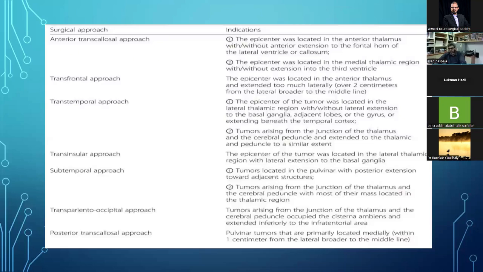And a subtemporal approach will be better in lesions involving the pulvinar with posterior extension over to the adjacent structures, and in lesions located in the junctional area of the thalamus and the cerebral peduncles. So depending upon the location of the lesion, all these approaches have to be thought about and designed to gain better access and remove the lesions as much as possible without causing much morbidity and mortality.